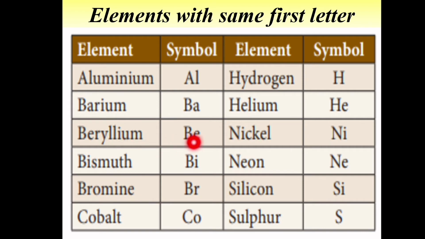The first letter is in uppercase and the second letter is in lowercase. And for cobalt it is Co, hydrogen H, helium He, nickel Ni, neon Ne, silicon Si, and for sulfur it is S.